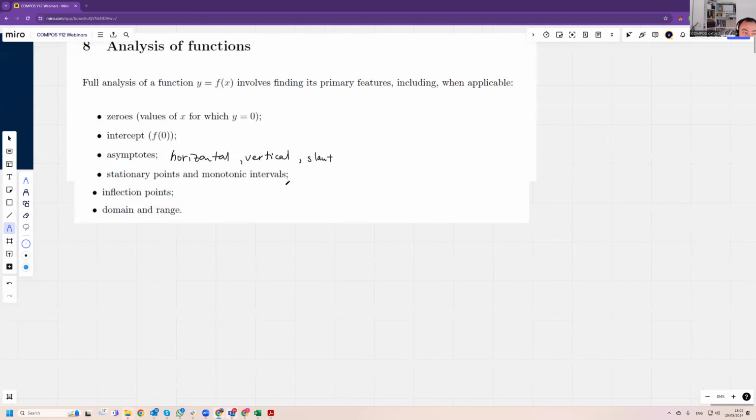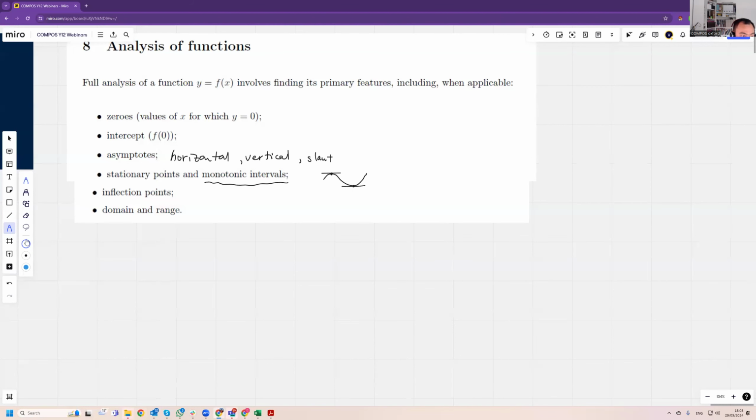Stationary points. A stationary point is where you have a maximum or a minimum, where the derivative is 0. Monotonic intervals: a monotonic interval is where the derivative has a constant sign.